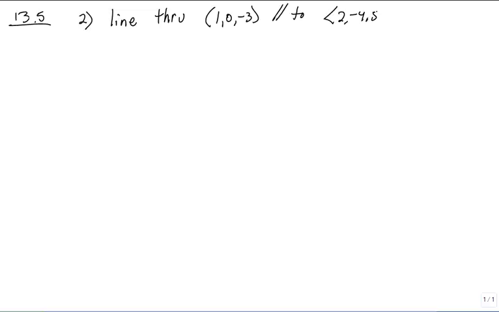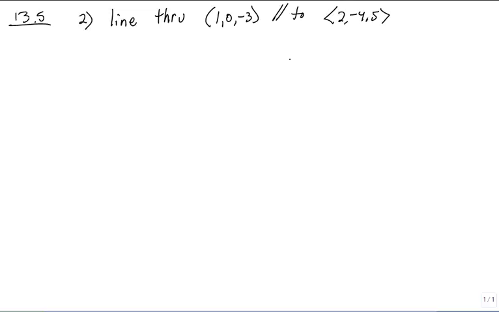Alright, let's look at some of the problems in 13.5. Number 2, I want the line through (1, 0, -3) parallel to (2, -4, 5).